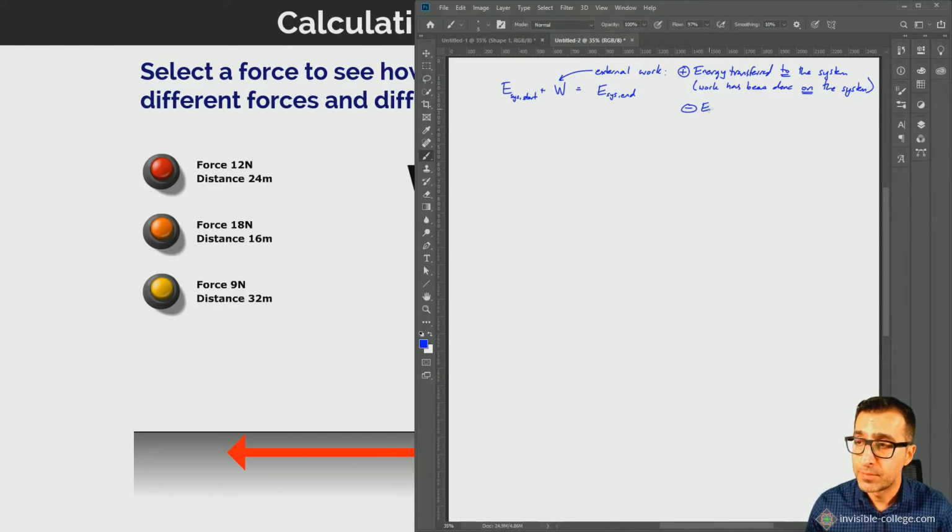So energy transferred from the system. And again, another way of saying that is to say that work has been done by the system on some other system or on its surroundings.